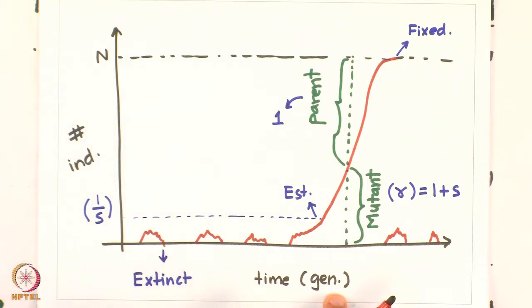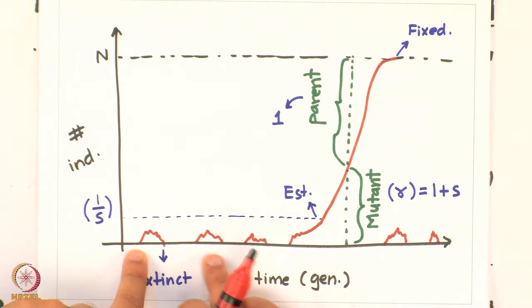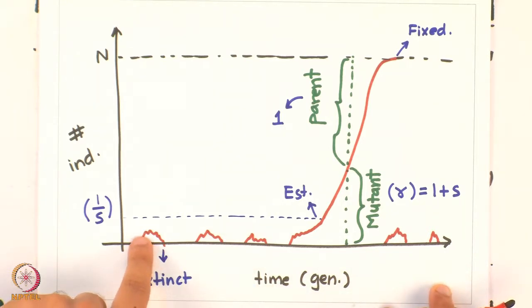At various times during the experiment we are going to have beneficial mutations which arise. Their numbers go up, but randomness or genetic drift ensures that most mutations are lost and go extinct as we progress in time.